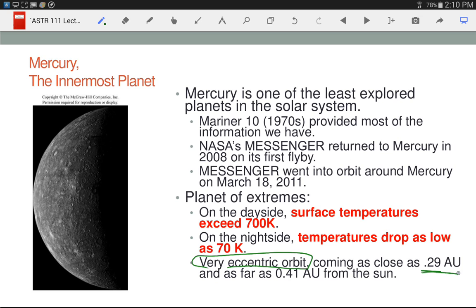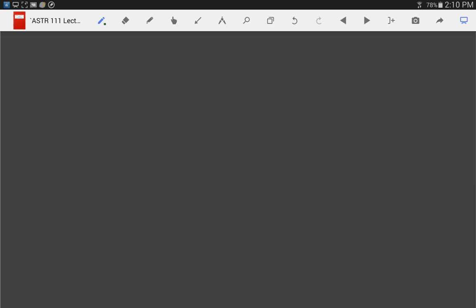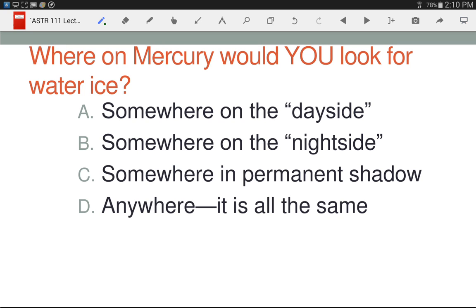So it gets as close as 0.29 astronomical units, or 29% of the distance between the Earth and the Sun, and as far as 0.41 astronomical units, 41%. That's a pretty big variation in its orbit.